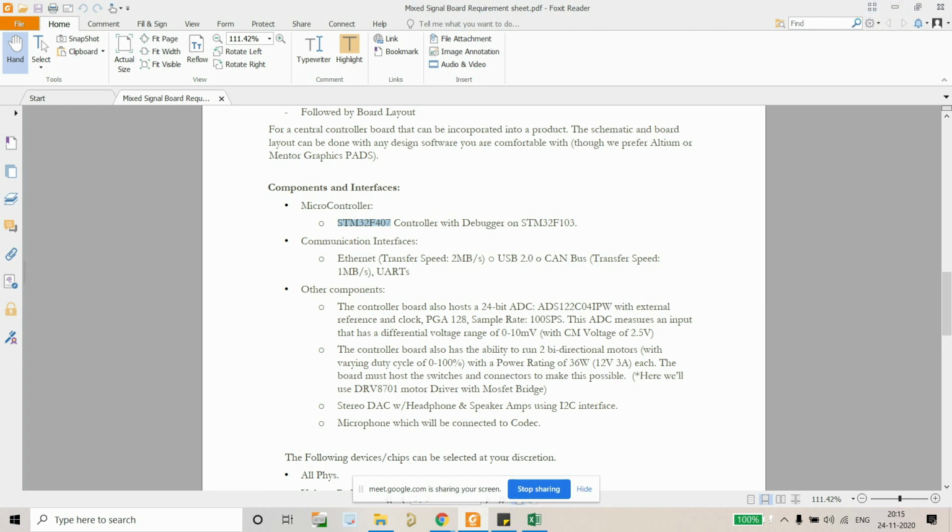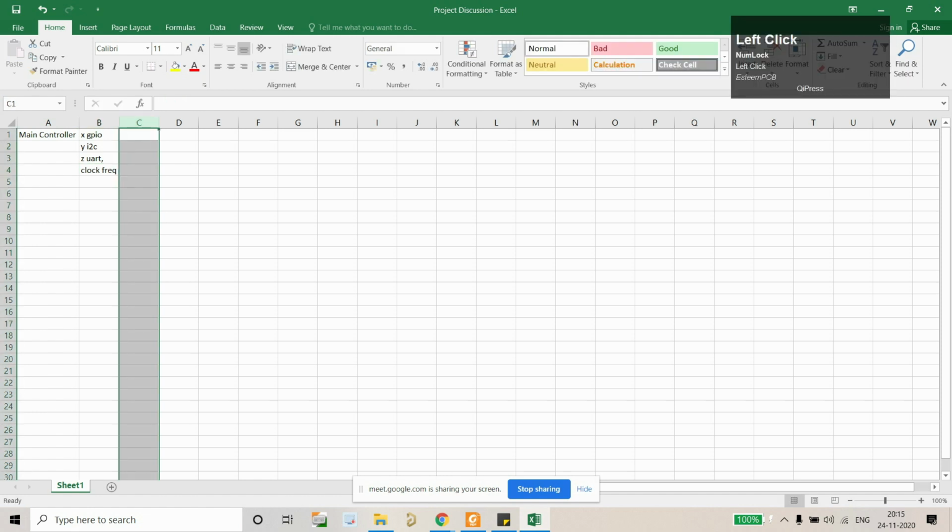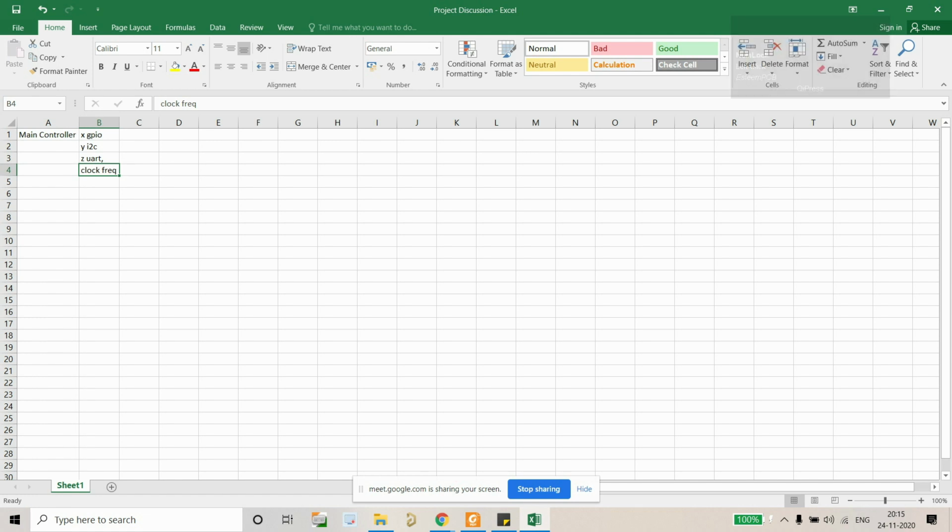So this is how we analyze all the peripherals: for example, we need X GPIOs, Y number of I2Cs, suppose Z number of UARTs, and clock frequency is also an option that we need to define, like what clock frequency is required for our project. If you are generating PWM or any frequency component, you will know we need at least this much frequency, right?